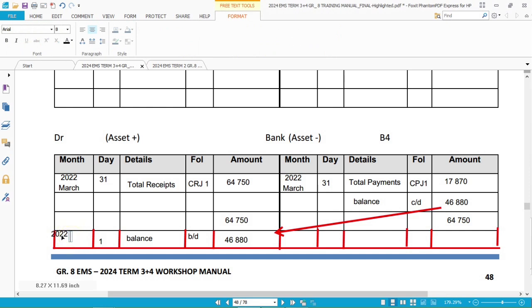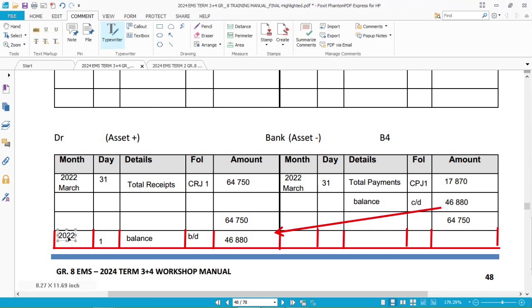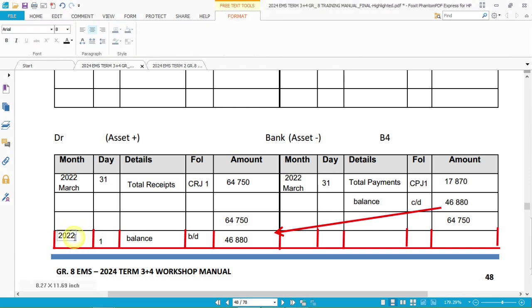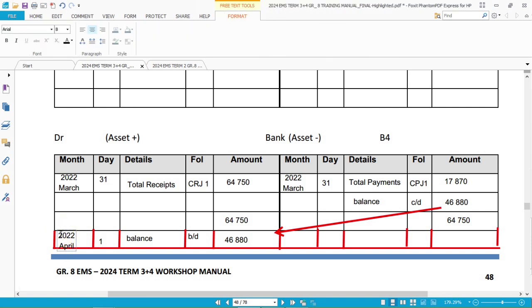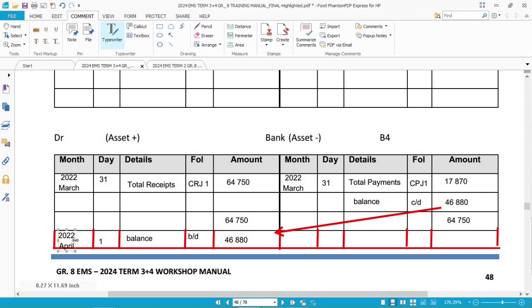The reason it's the 1st of April 2022 is so that in your next month you're just going to write April. I'll make it a bit smaller because it's supposed to fit in here. Okay, it can't be smaller, but this is how it works.